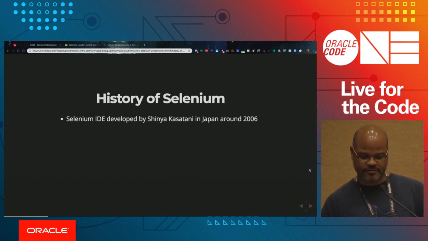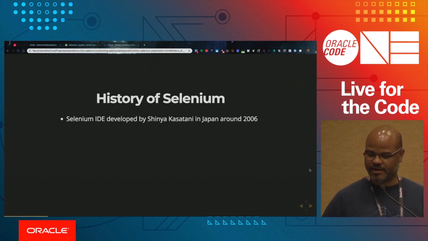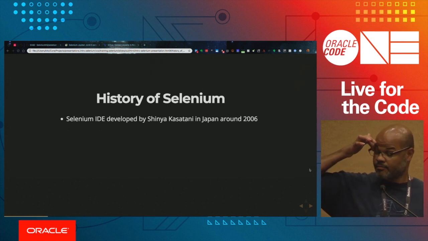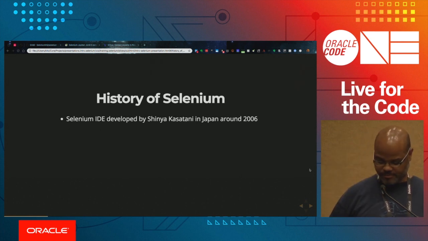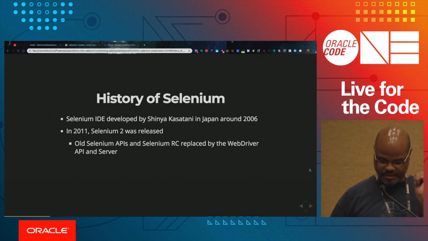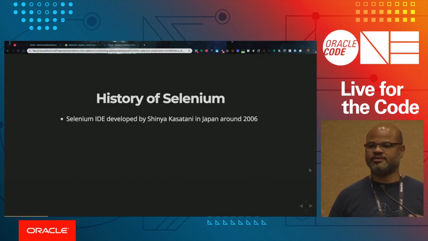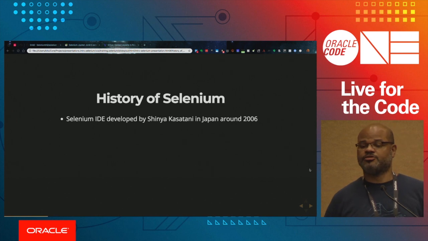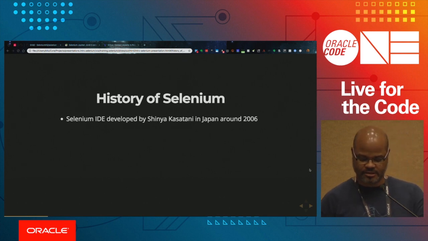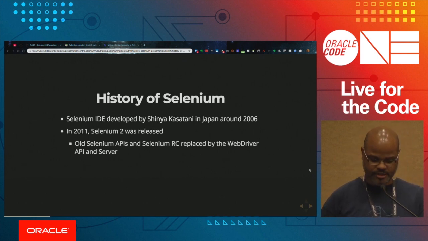This was developed by Shinya Kasatani in Japan around 2006. It's a different project, but it allowed people not only to write tests using Java, but also to build up tests using a little Firefox plugin. So that was the Selenium IDE project.